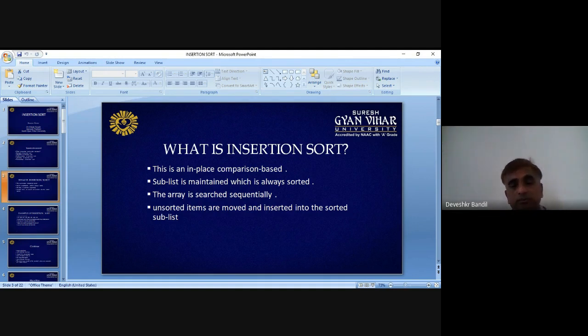This is the key point of the insertion sort algorithm. The array is searched sequentially, and unsorted items are moved and inserted into the sorted sublist. This is your insertion sort.